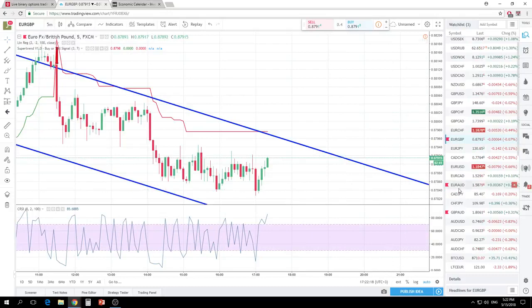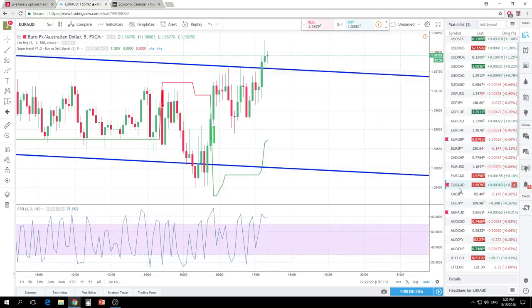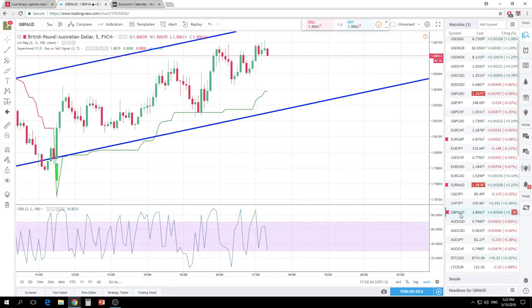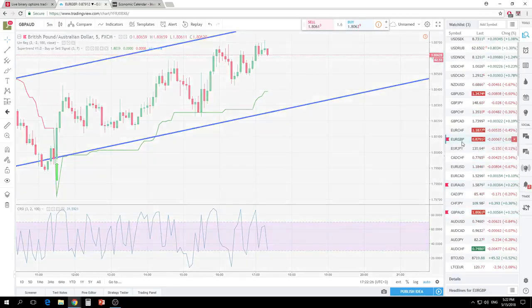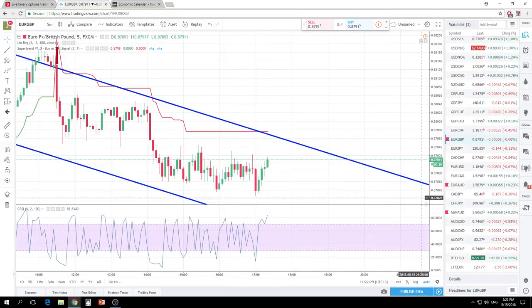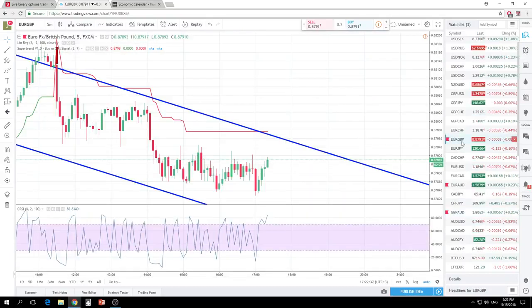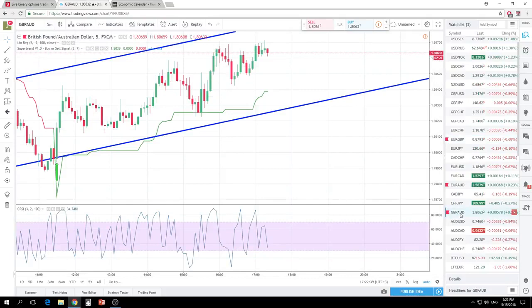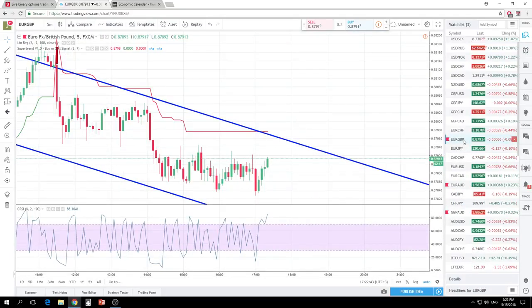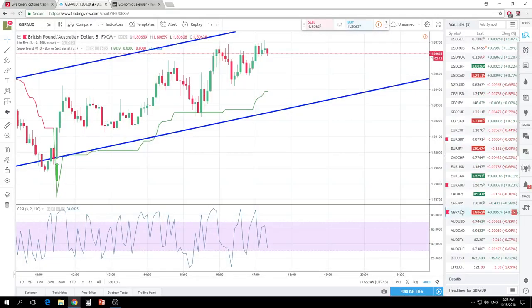At the moment I would rather prefer GBP Australian dollar because Euro GBP is obviously more volatile, as I can see. Actually, tail sizes on GBP Australian dollar are not small as well.